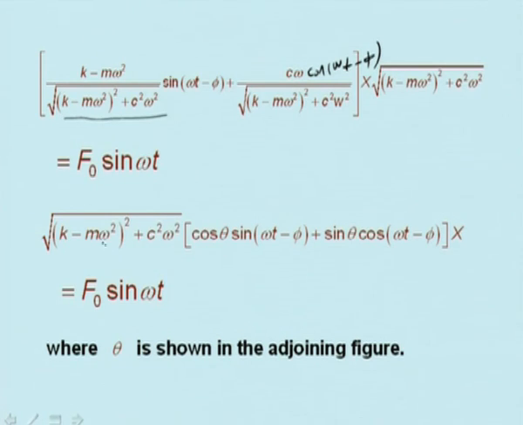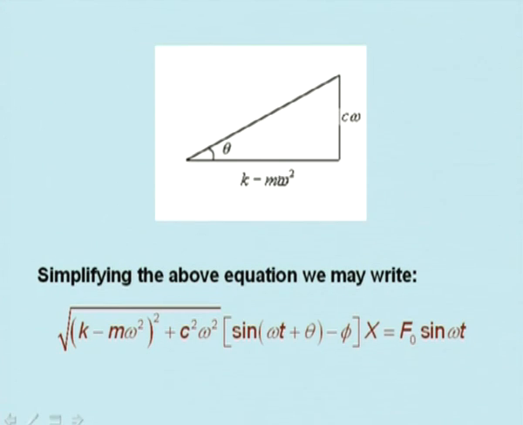Now we can take this common here: √((k − mω²)² + c²ω²) multiplied by cos θ, because this can be written as cos θ and this is sin θ, cos ωt, is equal to F0 sin ωt, where θ is basically like this: this is k − mω², this is cω, therefore by Pythagoras theorem this is √((k − mω²)² + c²ω²).